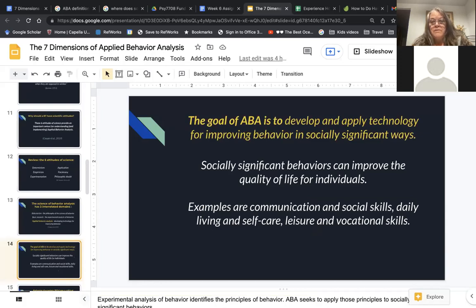So the goal of ABA, applied behavior analysis, is to develop and apply technology for improving behavior in socially significant ways. What does that mean?